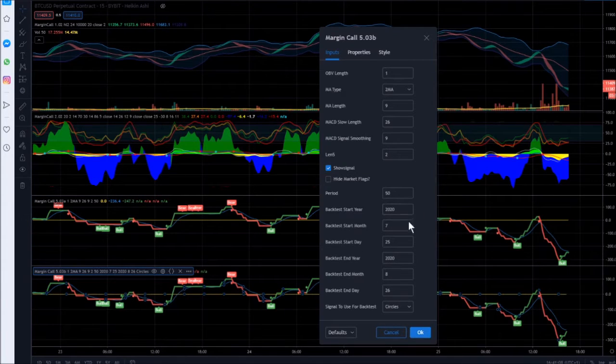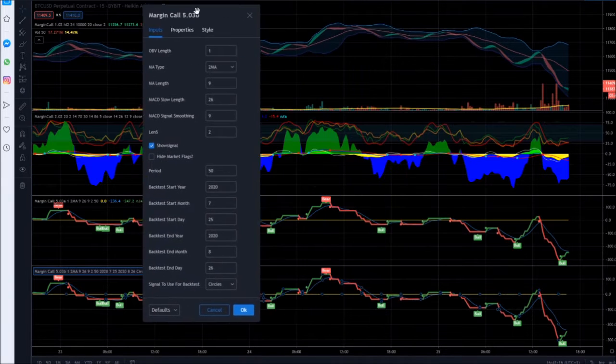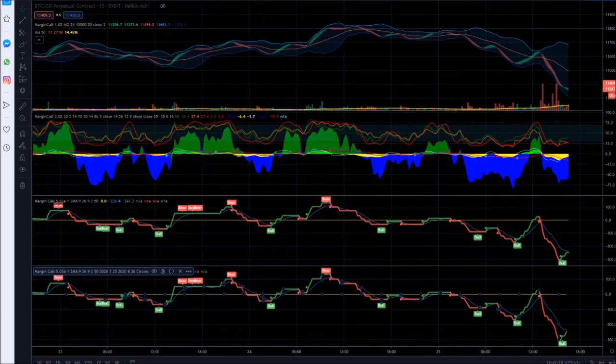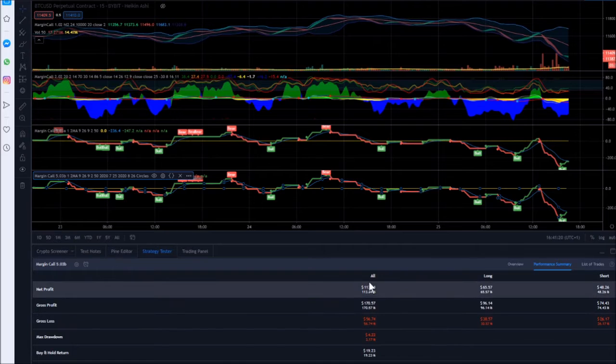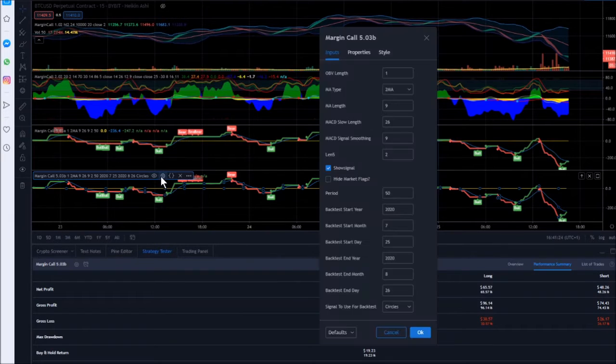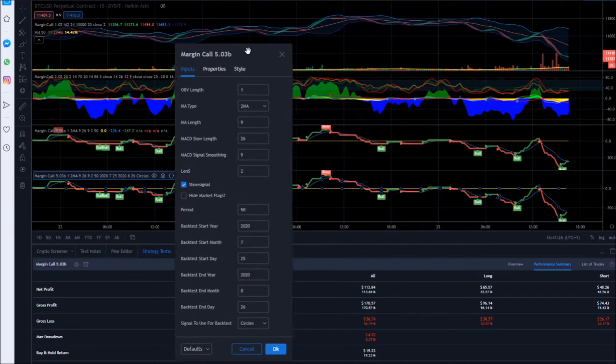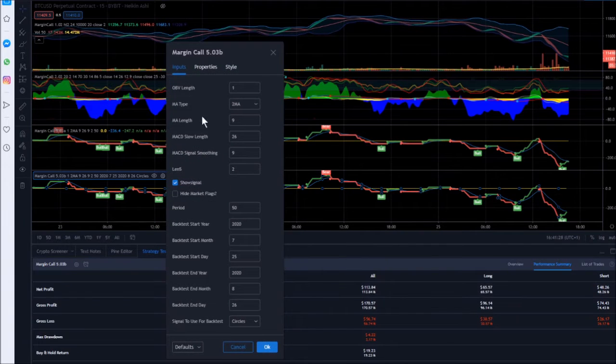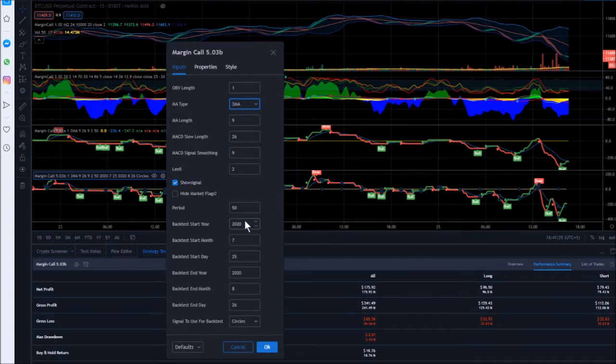Okay, so this is 2020, it's gone to there, it's on 2MA. Let's just move that over a minute, bring up the strategy tester. At the moment it's sitting at, on these settings, 113 profit, but if you go to, shall we say 3, you've got the 175.